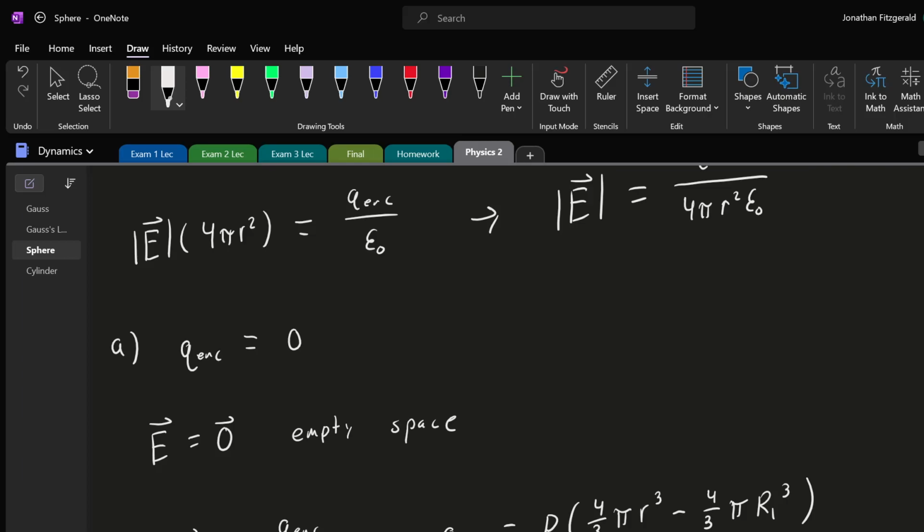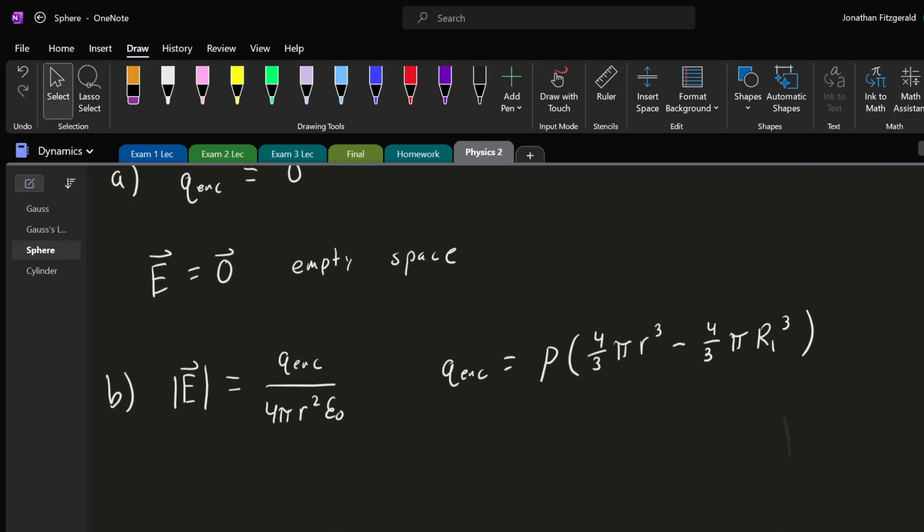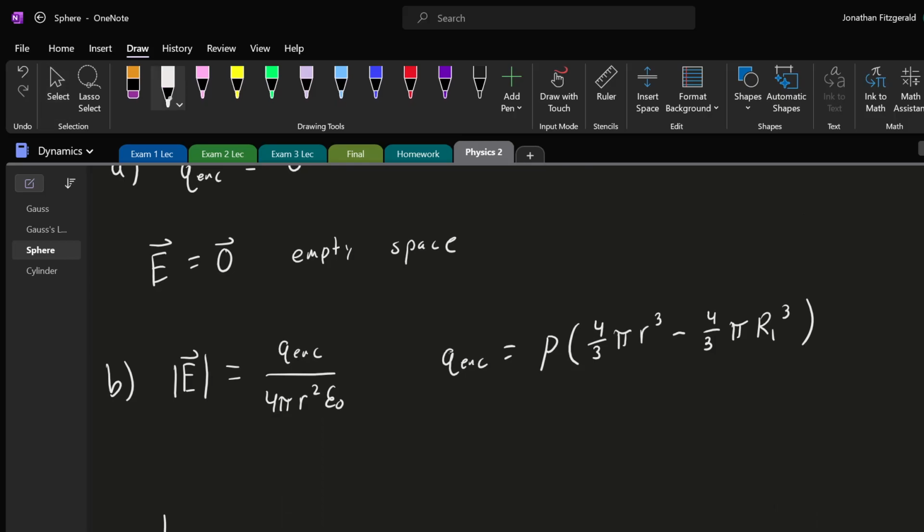That is just the Q answer. Now you just plug it in. So E equals, just factor out 4/3 pi, and you get this, still divided by 4 pi r squared epsilon naught.